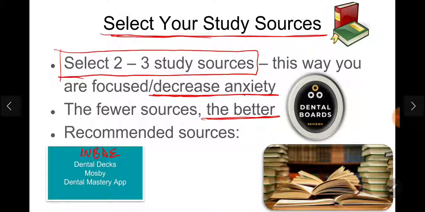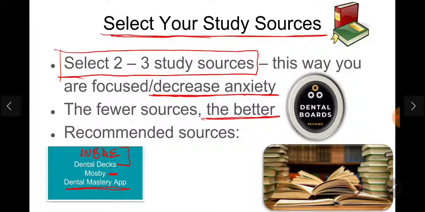So make sure that you look at the dental decks, all right? And the dental decks are going to help you in terms of becoming organized. Mosby, make sure you at least use Mosby for INBDE or Mosby for NBDE Part 2, which is very good. And then Mastery App for INBDE. Why do I recommend Mastery App for INBDE?